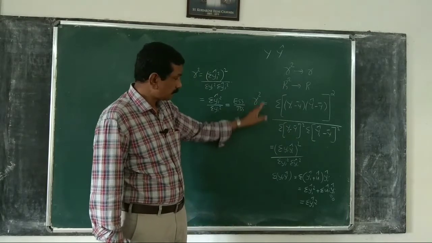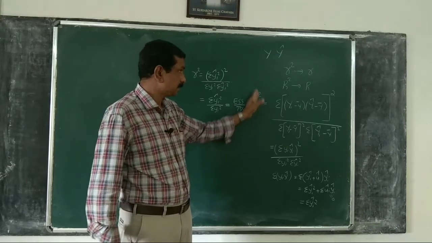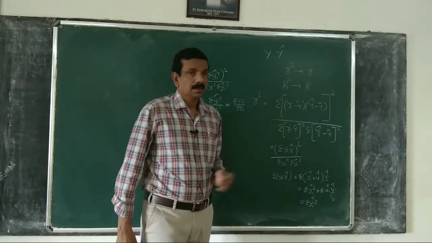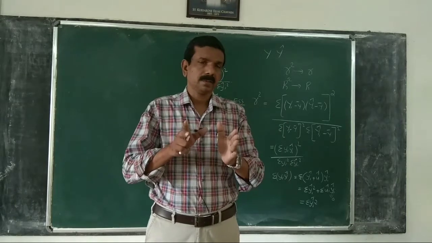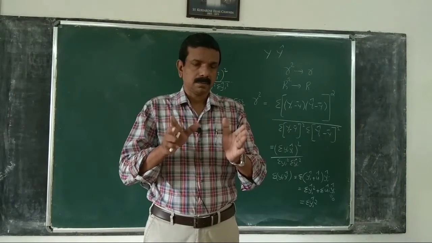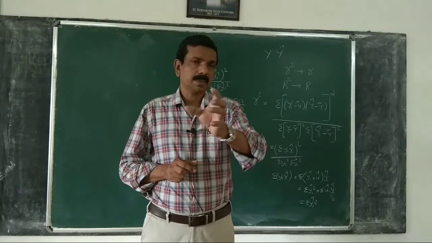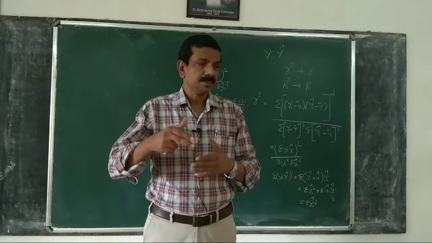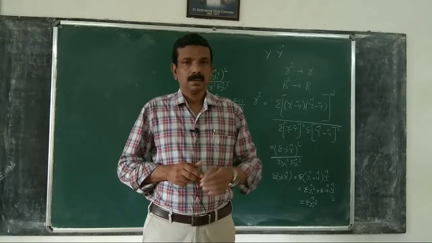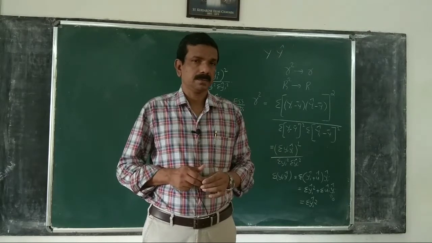A small R square, capital letter or small letter, in some textbooks no distinction is made between capital letter R square or small letter r square, means only a low percentage of the variation in y is captured by y hat, the sample regression line.